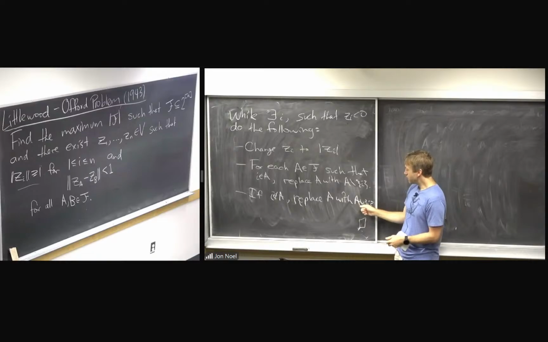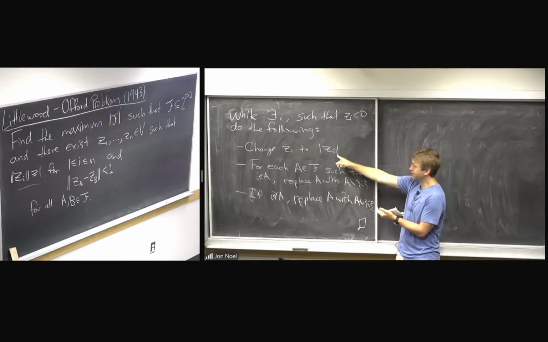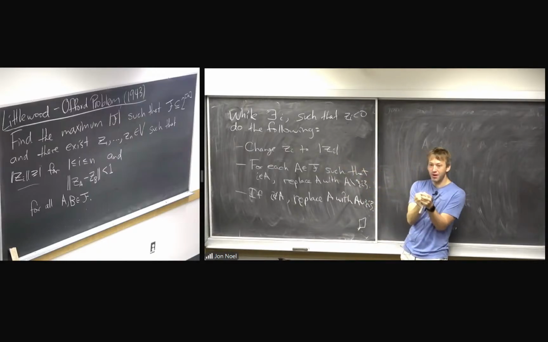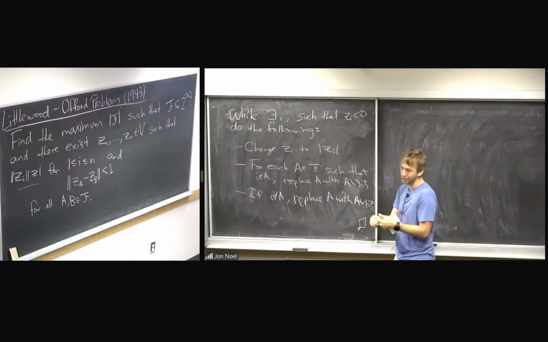This one used to not have i in it. I've now put i into the set, but I've also changed Z_i to be positive. So the new sum for this set includes the absolute value of Z_i. It shifts positively by the absolute value of Z_i. So every subset sum shifts positively by the same amount, so they're all close to each other.